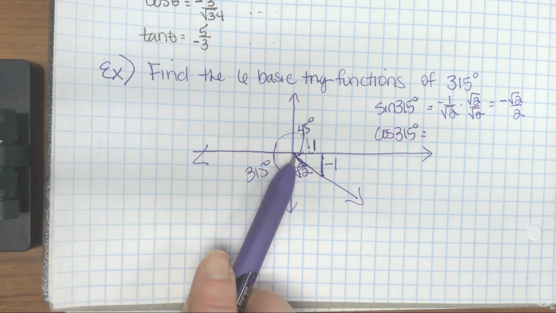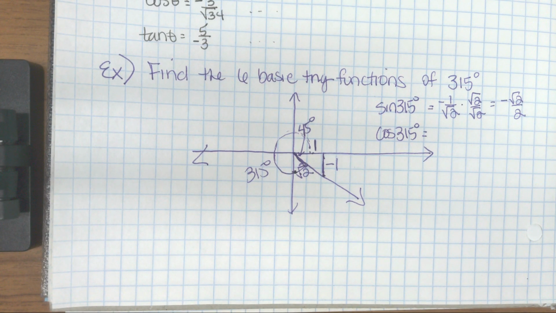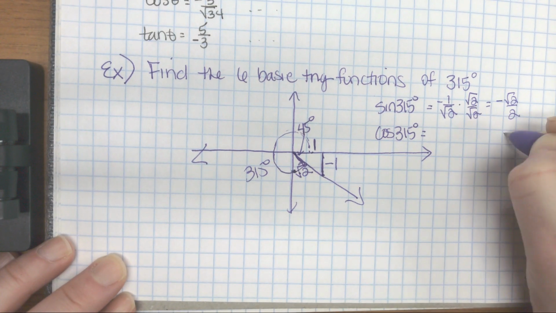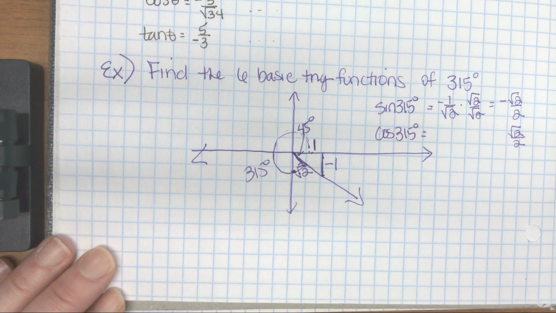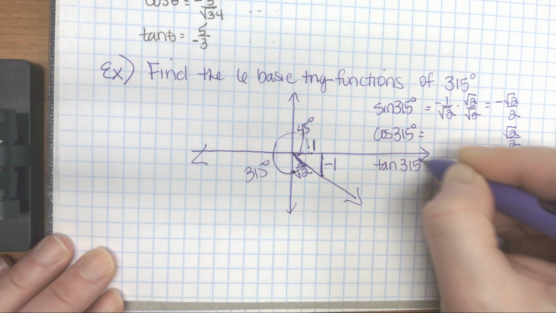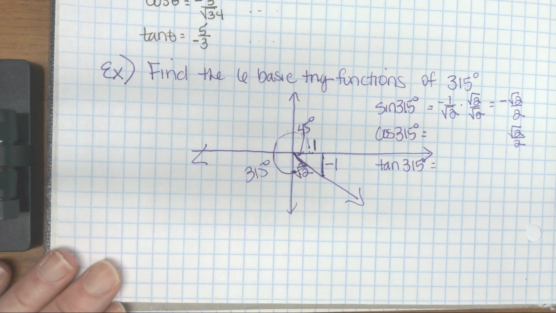Cosine? Which is 1 over root 2. So can we just skip that and go right to rationalizing? That's going to be positive root 2 over 2. How about tangent of 315? Good.